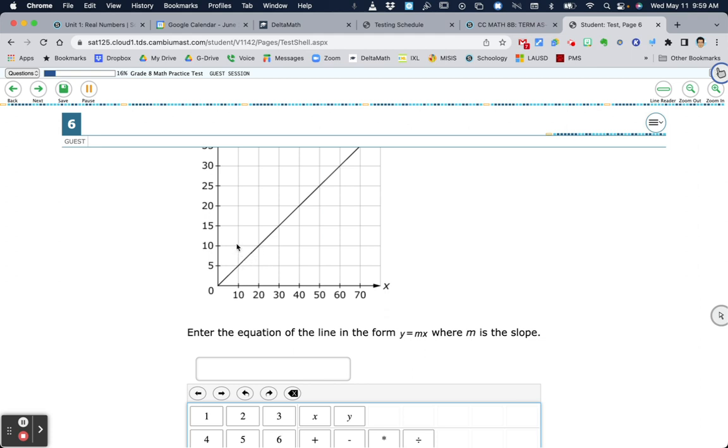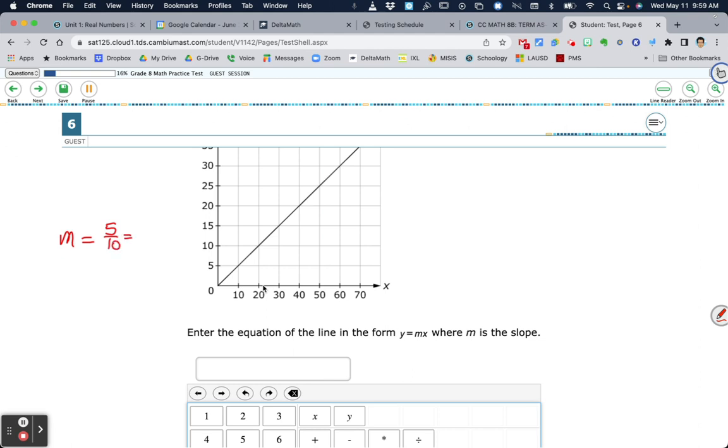If I go up 1 step, how much did I go up? Yeah, but what's the value? I went up 1 step, 5, right? I went from 5 to 10, so I went up 5. But then if I go over 1, I'm going from 10 to 20, so that's 10. So, if you had scratch paper, you should say the slope, the rise over the run, is 5 over 10.